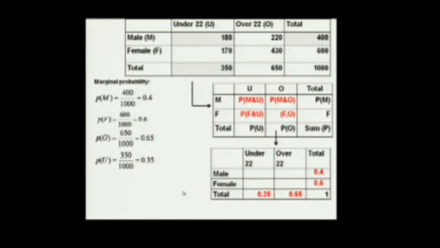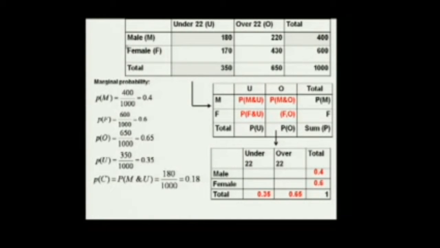And exactly as we did before, by adding and subtracting values in the contingency table, we can do the same thing with the probability table. If this is 1, as you can see here, we have 0.4 plus 0.6. Again, 0.35 plus 0.65. So you take it this way or this way, that will give us a sum of 1. Now, suppose I'm talking about the probability of male and under.